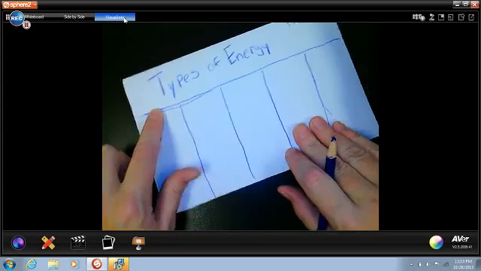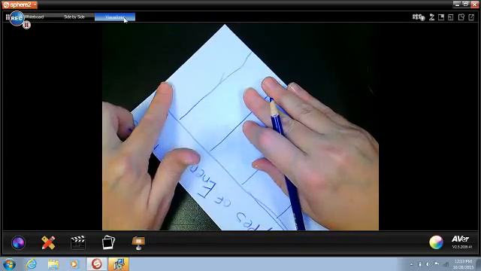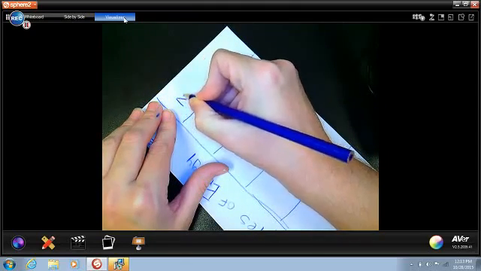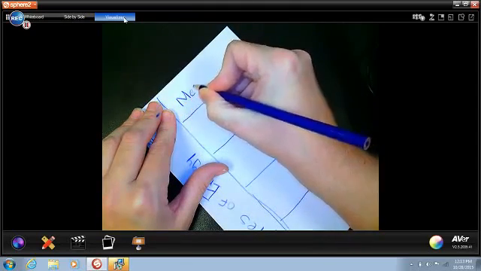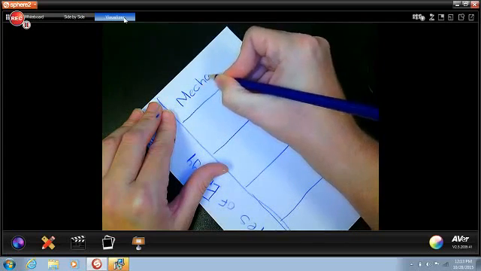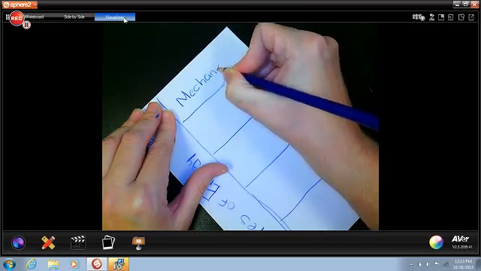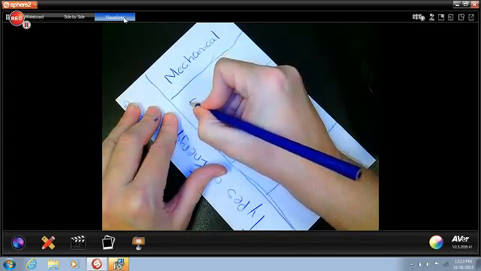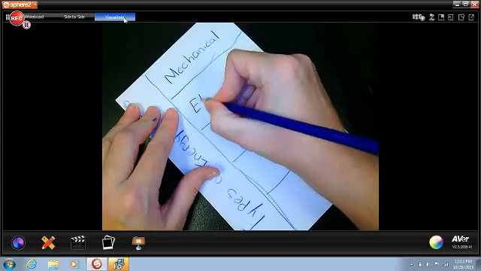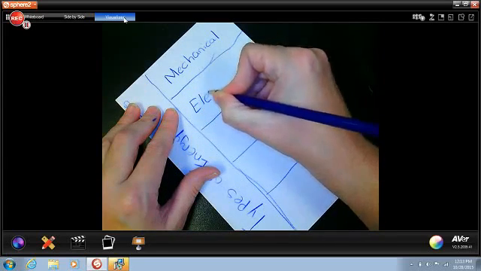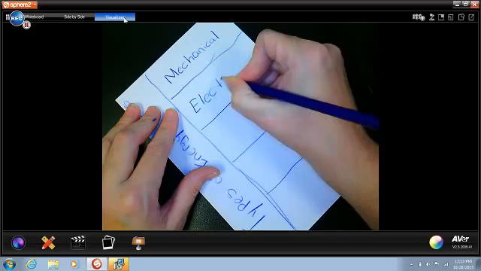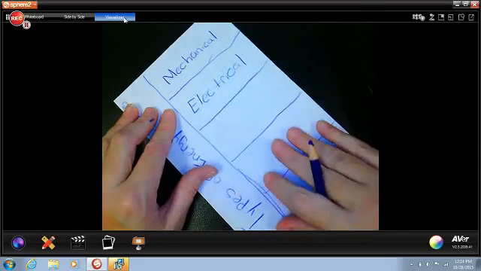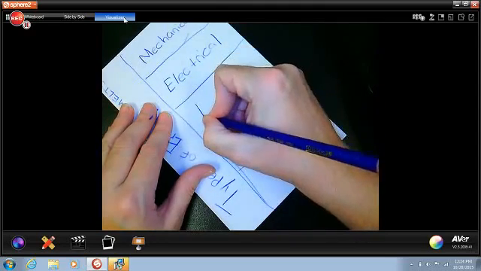From here, we're going to go ahead and write our vocabulary words. The first one is mechanical. Second one is electrical. Third is light.